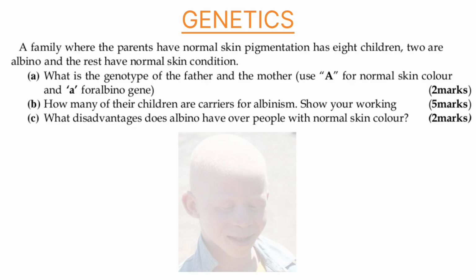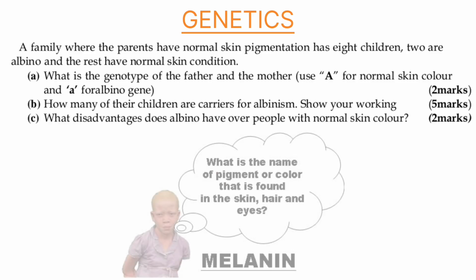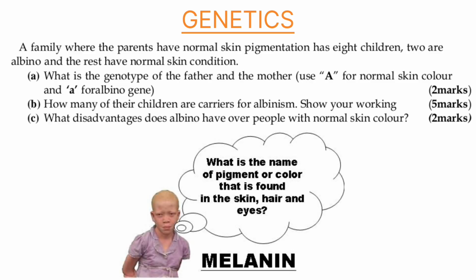Albinism is a genetic condition that affects a small percentage of the human population. It is a disorder characterized by no production of melanin, or very little production of it. Melanin is a pigment present in our bodies.